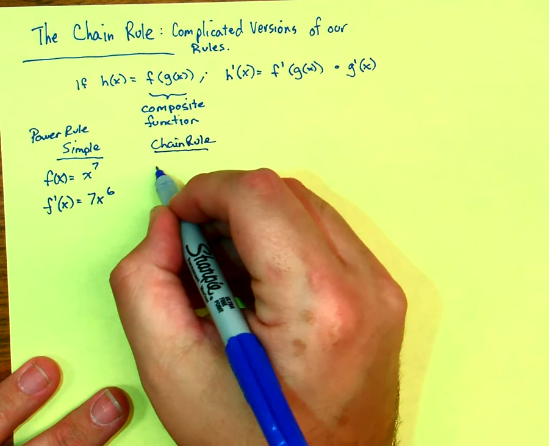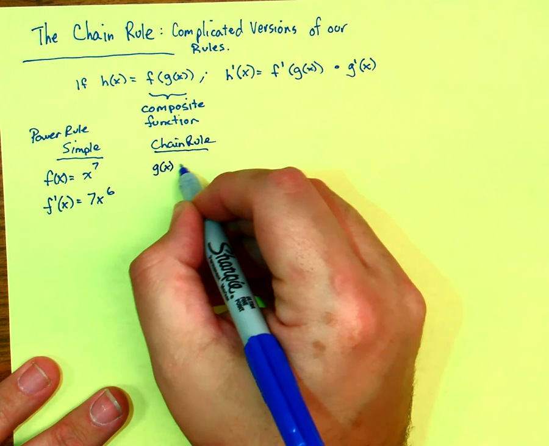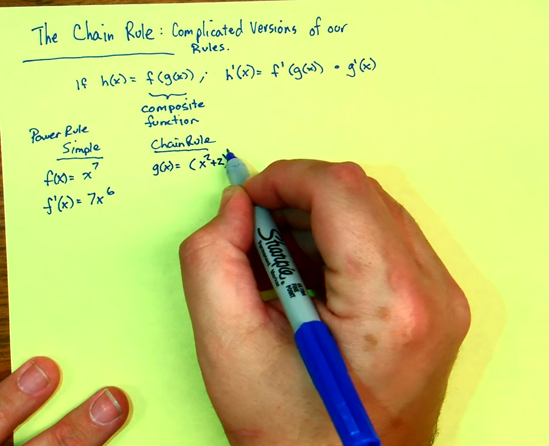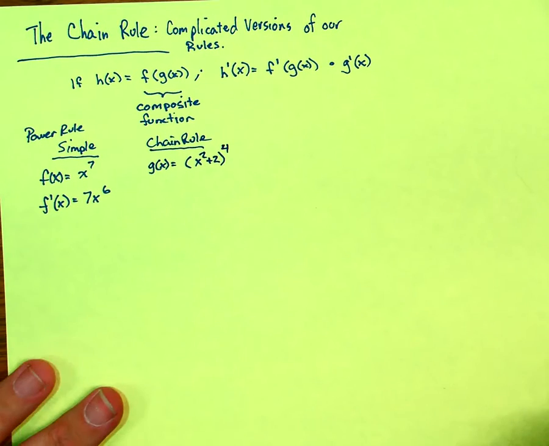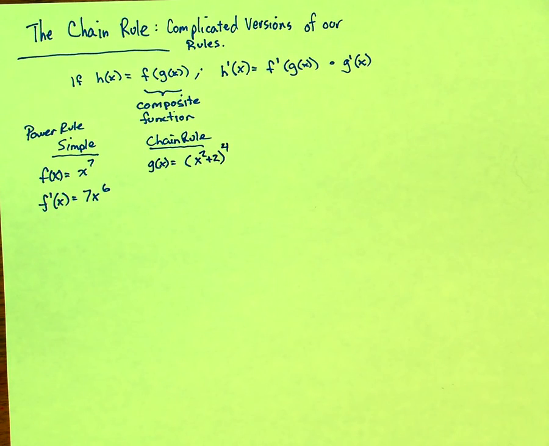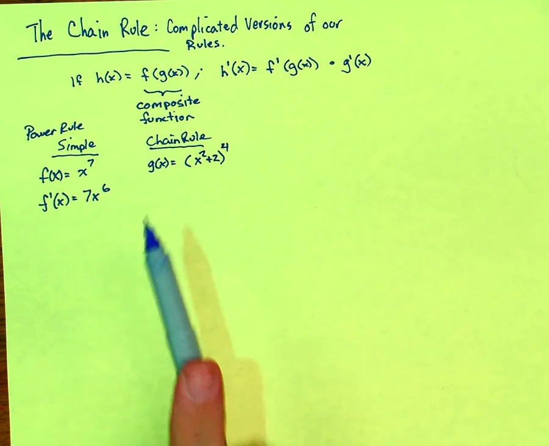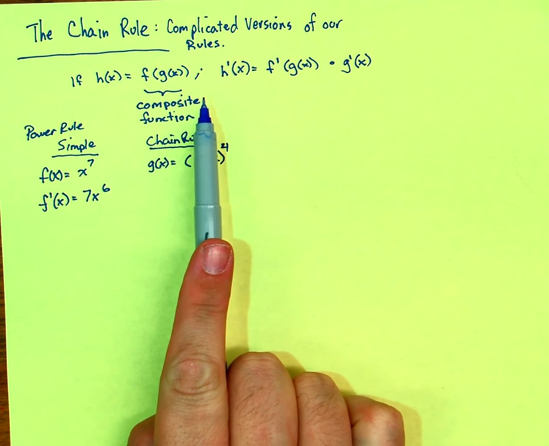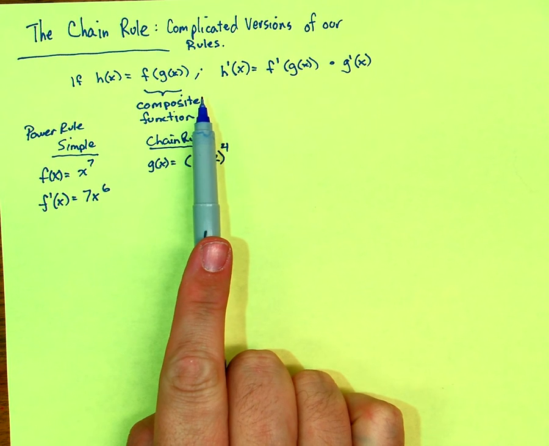I'll say g of x is equal to x squared plus 2 to the 4th power. Now, in this case, if I were to cover up this and just say, all right, everything inside the parentheses is being raised to the 4th power, correct?